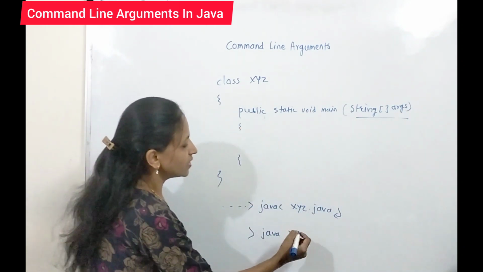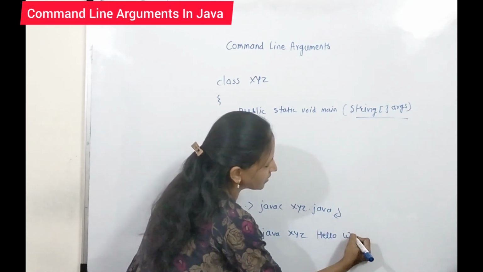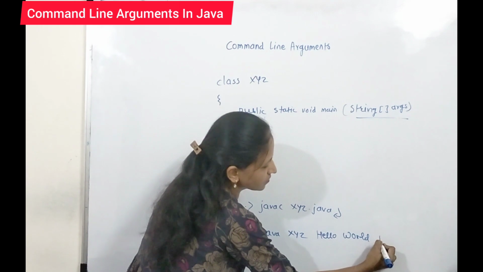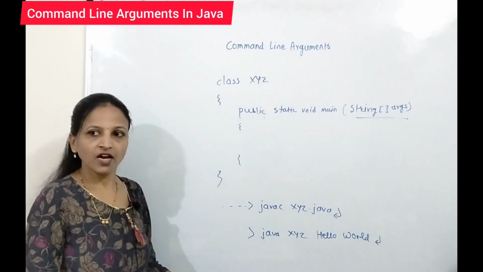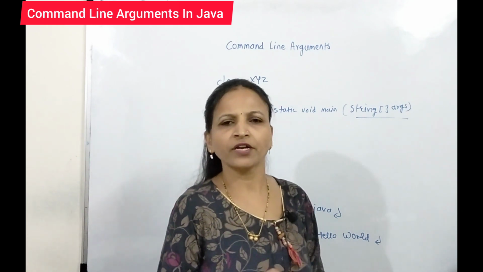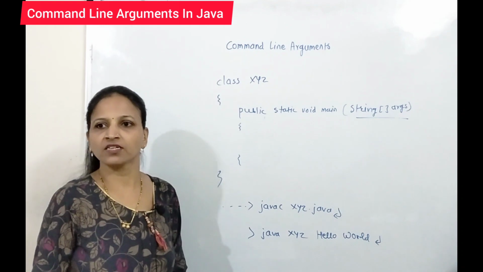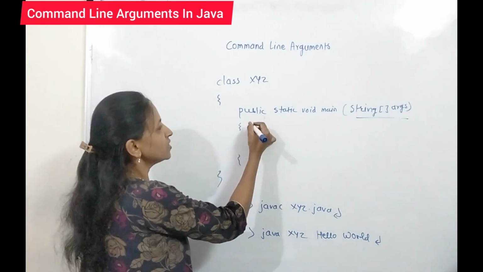Now how to do this? See, let's say here I am passing hello and then world. In this way I am running this Java program. In this program I just want to display whatever command line arguments are passed. Now how will I do it? Simple.